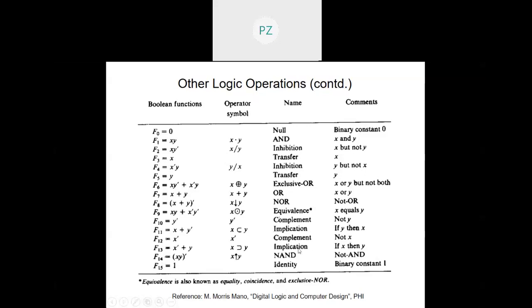And this is implication again, if x, then y. Why are we calling it implication? Because this is said to be the assumption, and this is said to be the conclusion. So if the assumption is true, then the conclusion is true as well. That is how it will be taken into account.